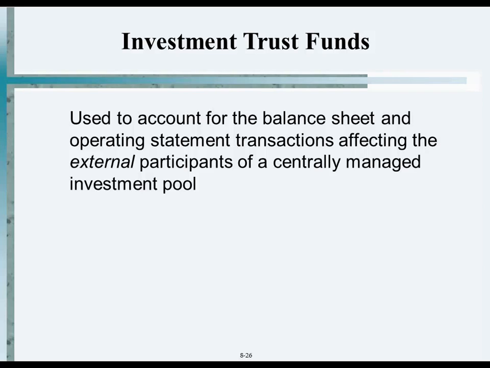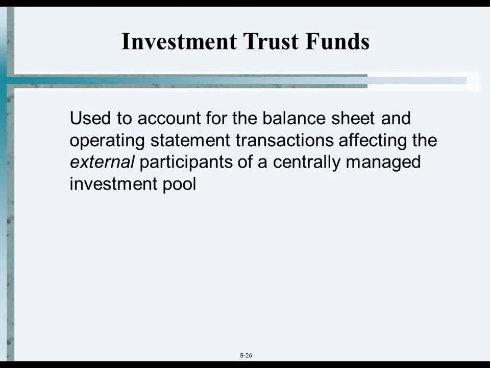Okay. So what happens is that a lot of these towns and municipalities and states want to park their money somewhere. So what the state decided to do was, through their division of investments, they hired some very smart people and they set up their own money market fund or their investment trust fund.